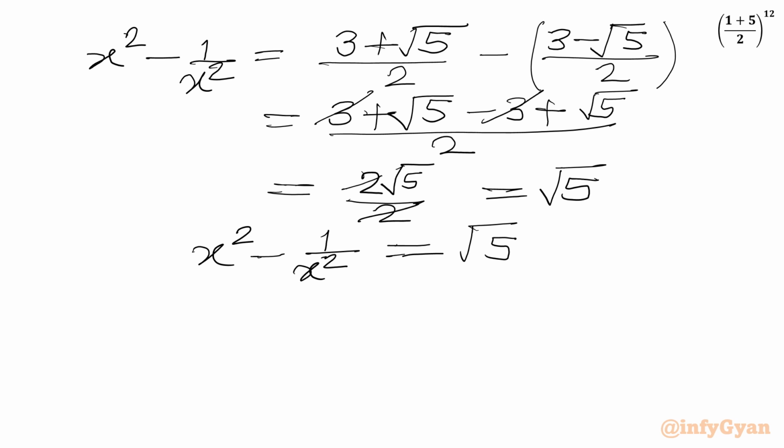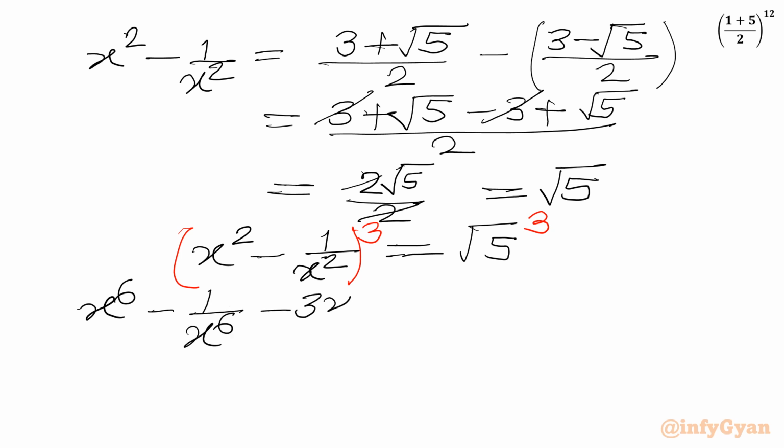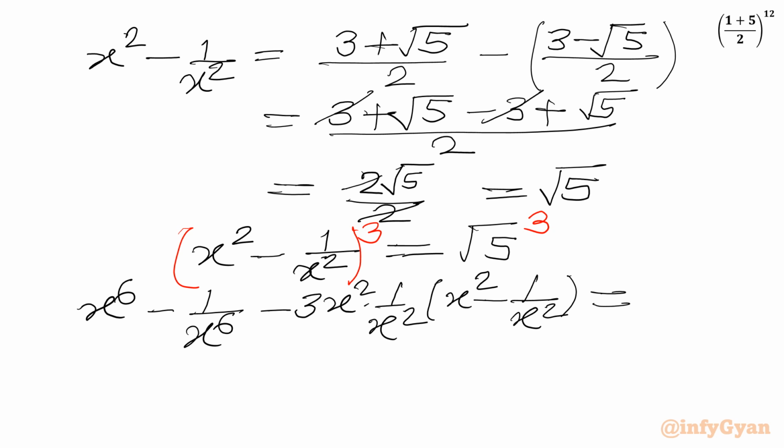Now I will consider cubing once again to get the value of x power 6 minus 1 over x power 6. So a minus b whole cube we will apply in LHS. I can write x power 6 minus 1 over x power 6 minus 3 times x square times 1 over x square, then in the bracket x square minus 1 over x square, and root 5 cube will be 5 square root 5.